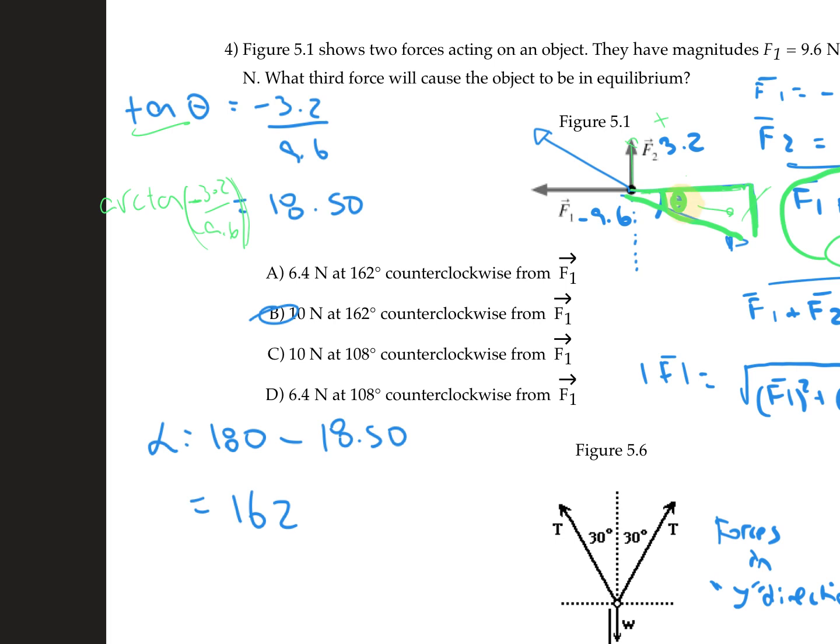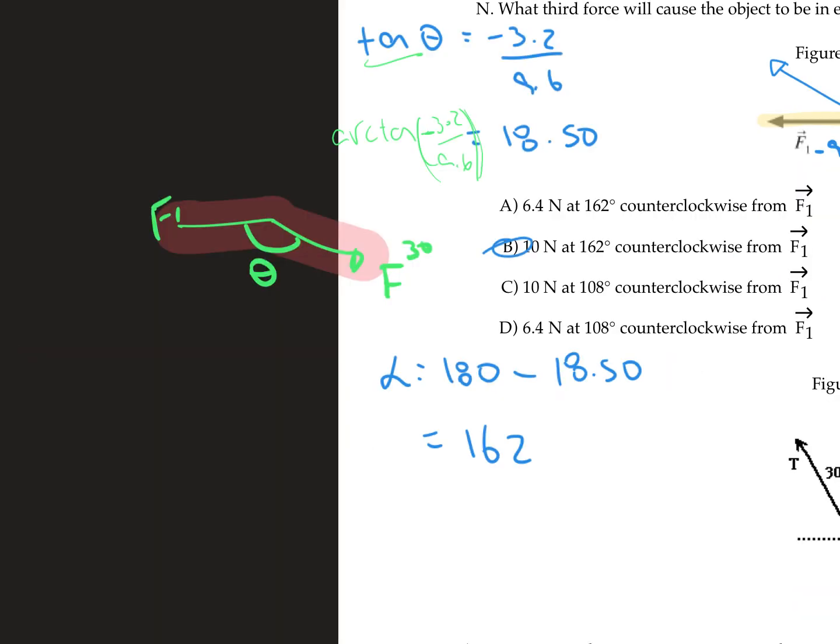18.5 is only theta, but since we have the first force, or the magnitude, originally going this way to the left, and the third force going downwards this way, we could say that this whole angle is 180.